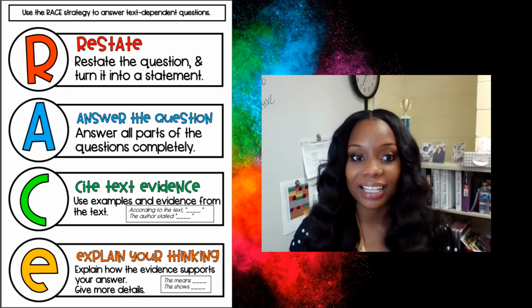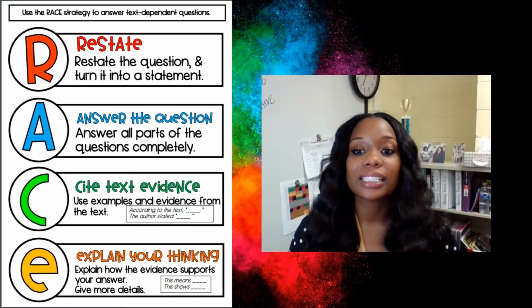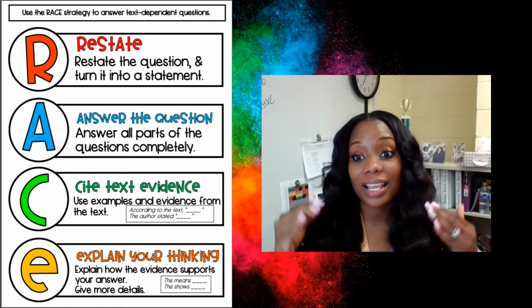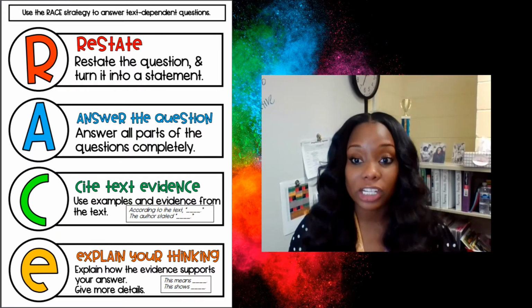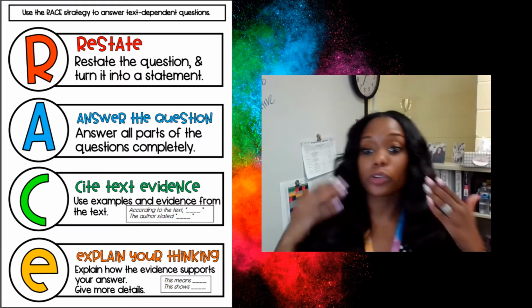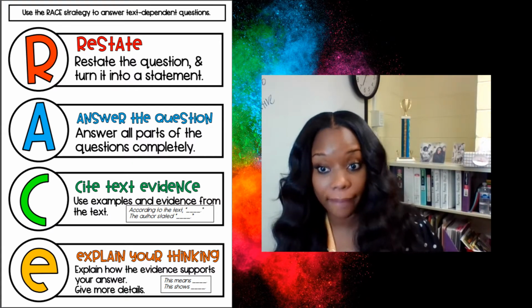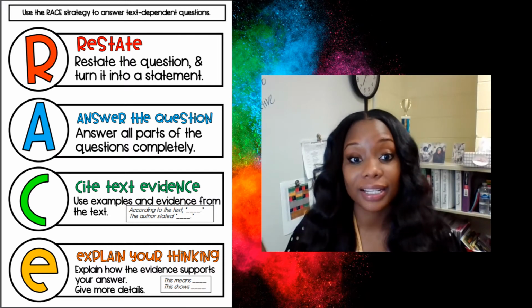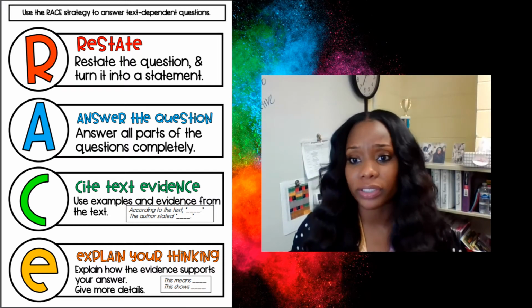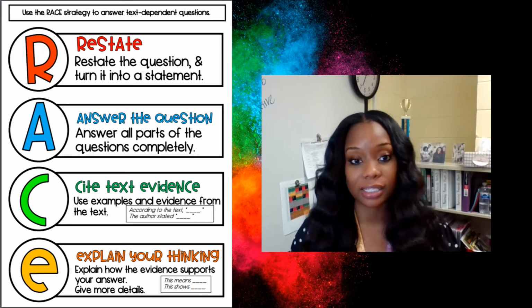Next, C. C stands for cite text evidence. So in this next sentence, you are using information in the text to support your answer, okay? You can also use sentence starters such as according to the text or the author stated to start that sentence.